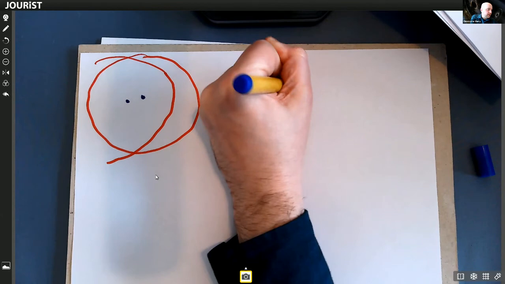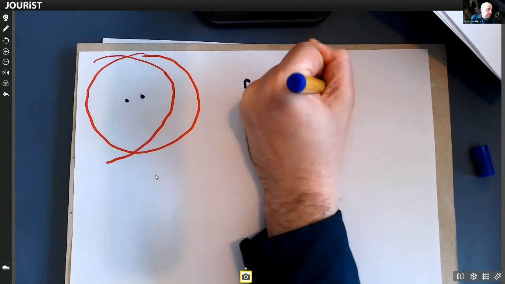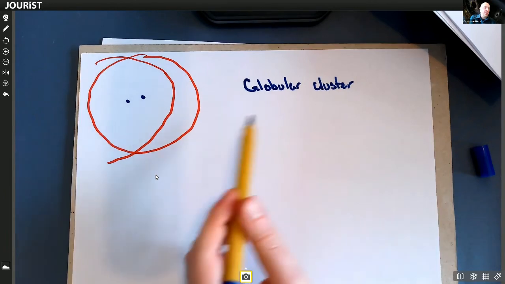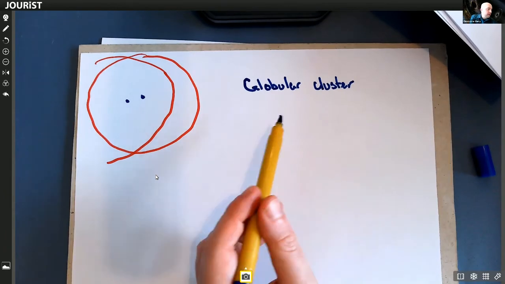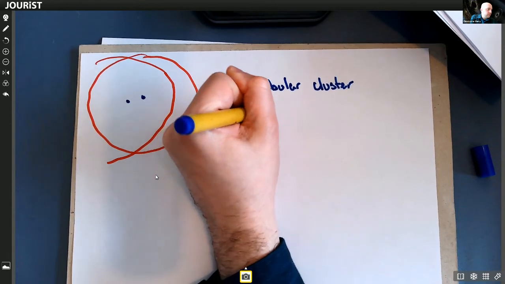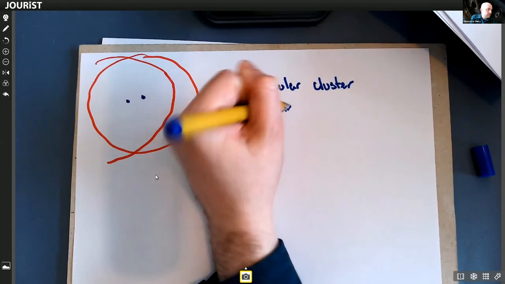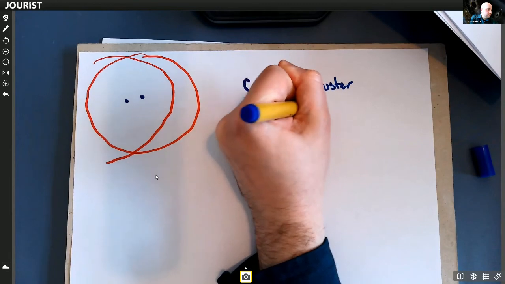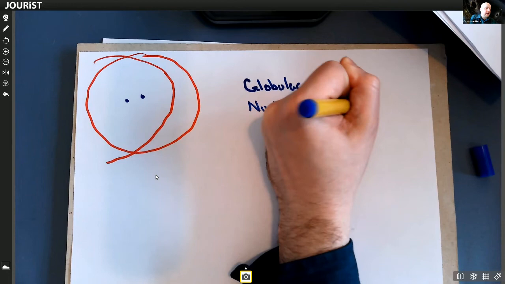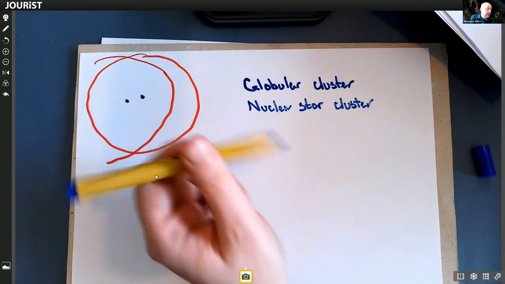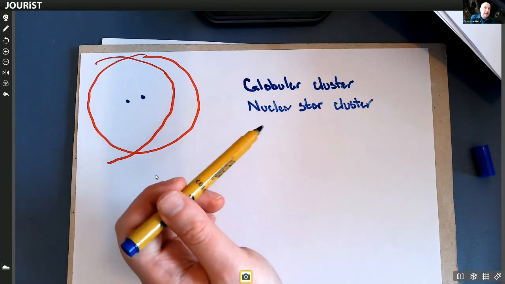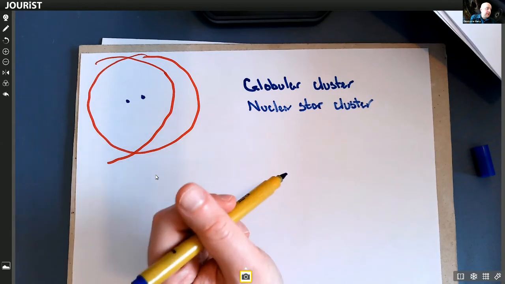Globular clusters are old clusters of stars. You have many stars in a tight area. Similarly, you could have a nuclear star cluster, which is a similar large cluster of stars in the center of the galaxy. They're bound gravitationally. And the idea here is that we don't need to have two stars in a binary.